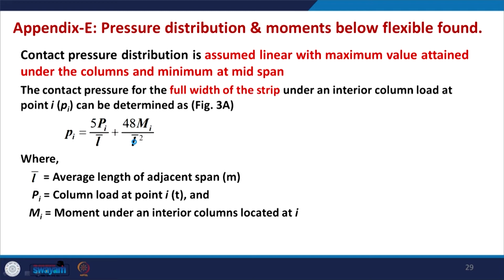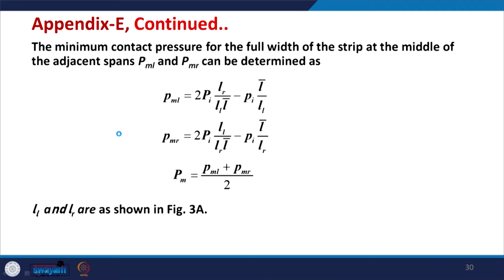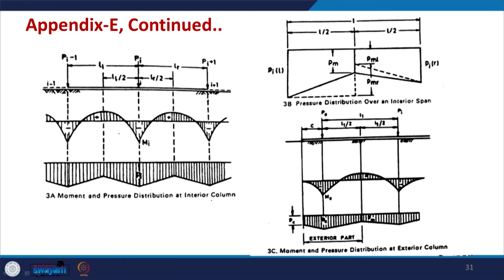The contact pressure for the full width of the strip under an interior column load point I can be determined as given in figure 3a. Let me first explain this figure. In this figure the moment and pressure distribution for an interior column is shown.